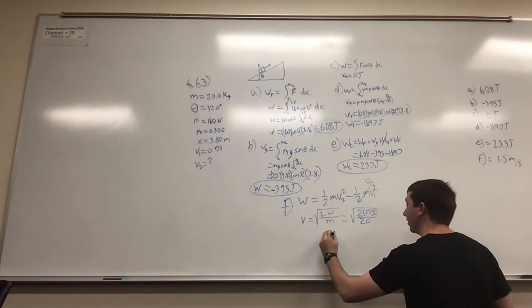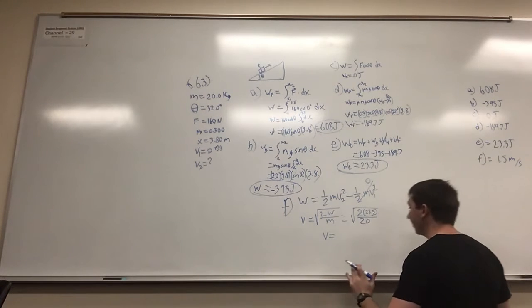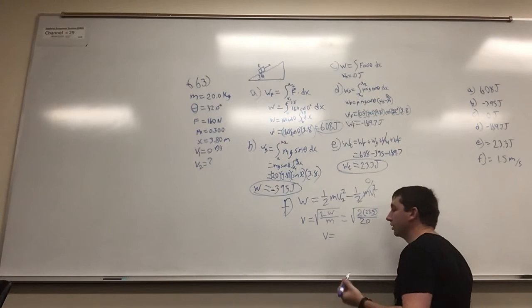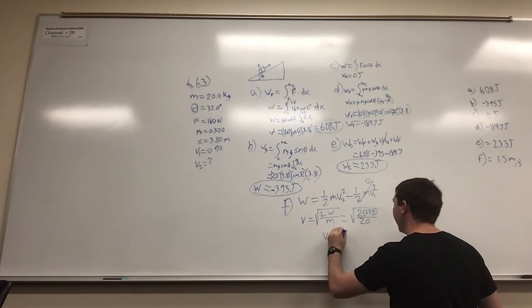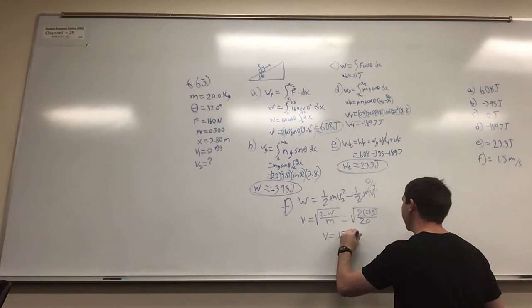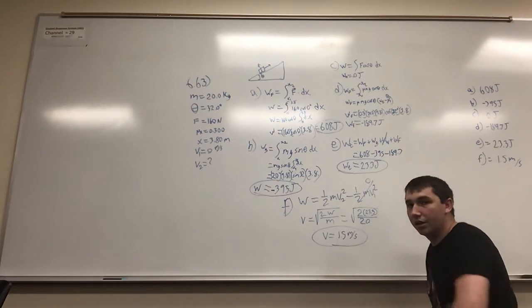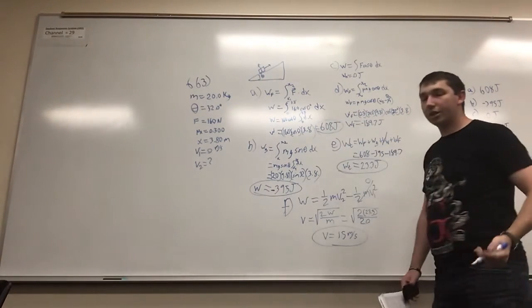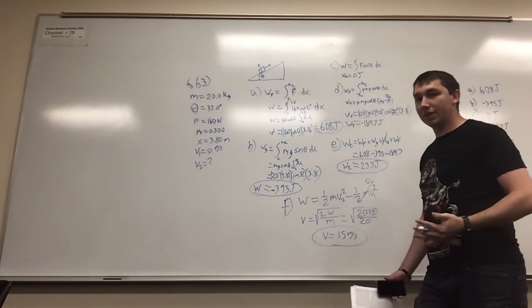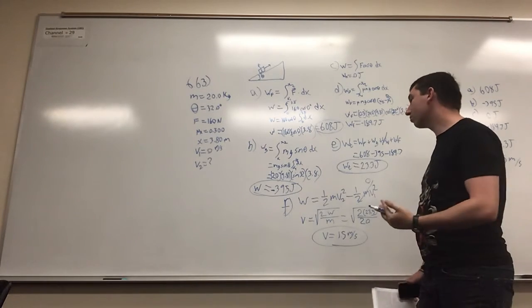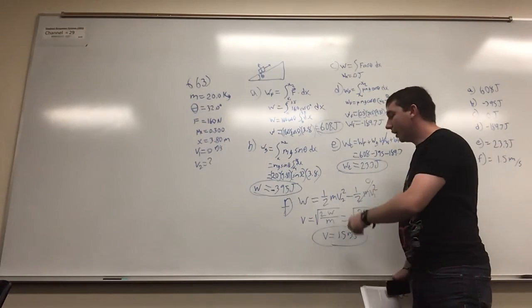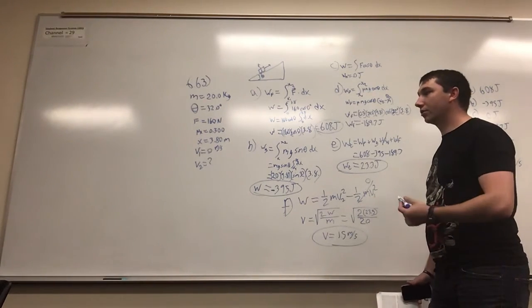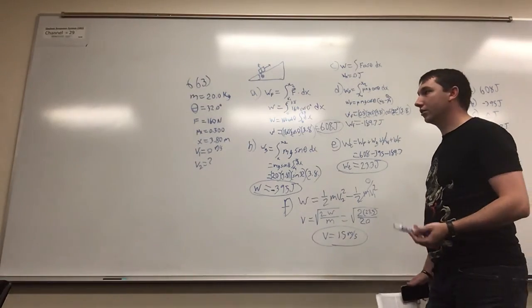And when you work that out, you find that the final velocity after the suitcase has traveled 3.8 meters is 1.5 meters per second. So what we did was we found the work done by all the different forces acting on the suitcase to find the total work in part E, and then we used the total work to find the final velocity of the suitcase after it had gone so far up the ramp.